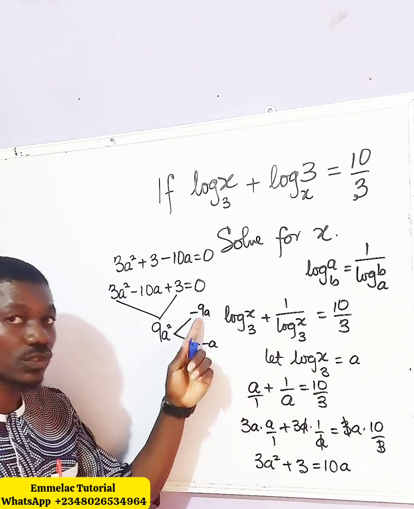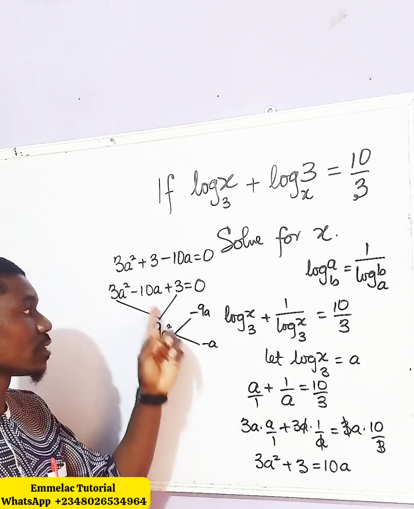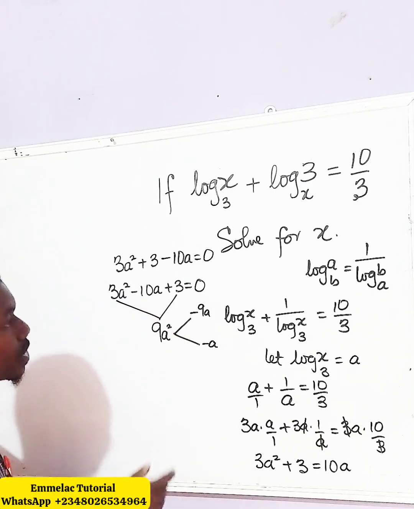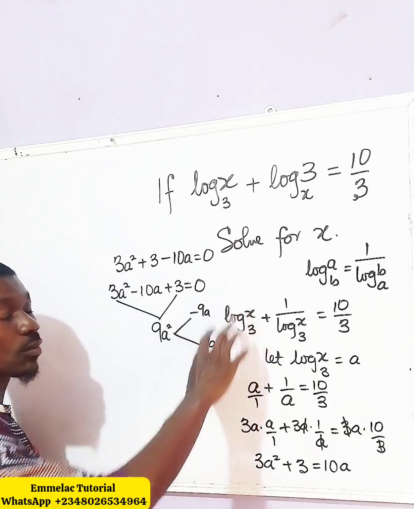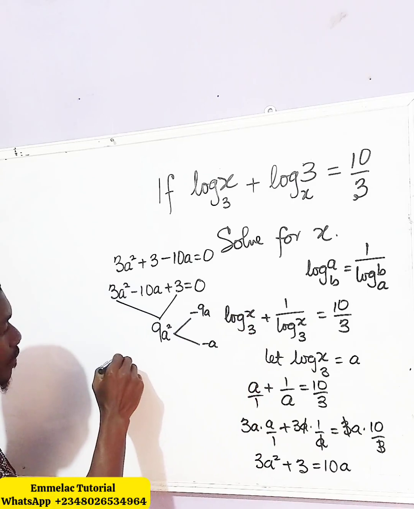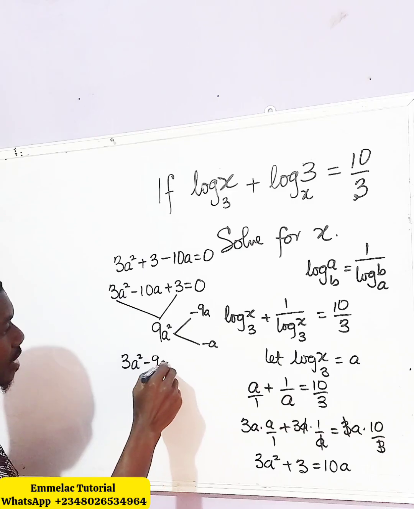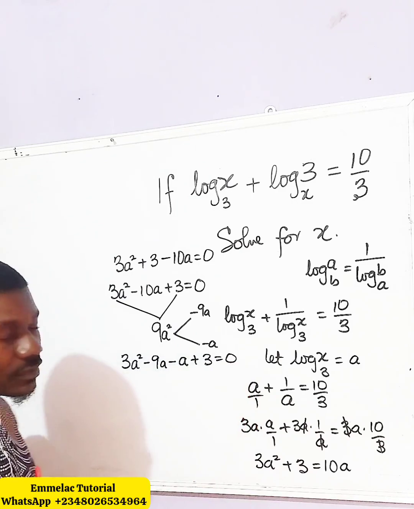When we multiply these two factors, it gives us 9a squared, and when we add them, we get negative 10a. So we replace negative 10a with the sum of these two terms. Here we have 3a squared minus 9a minus a plus 3 equals 0.